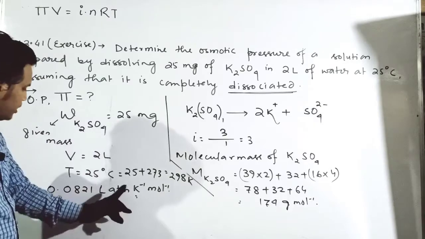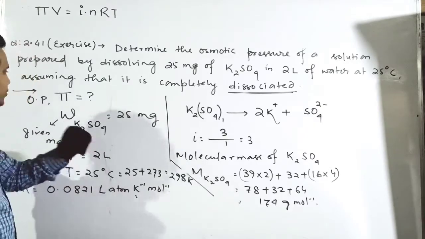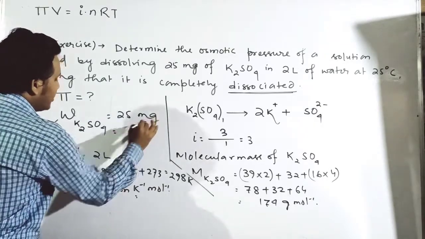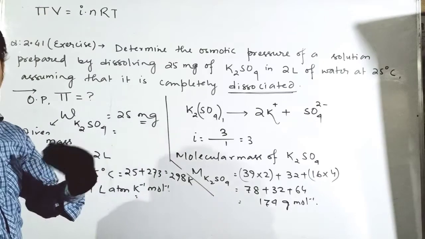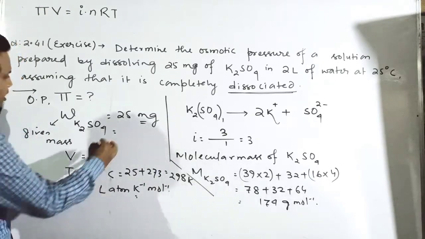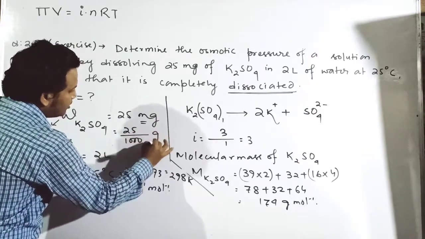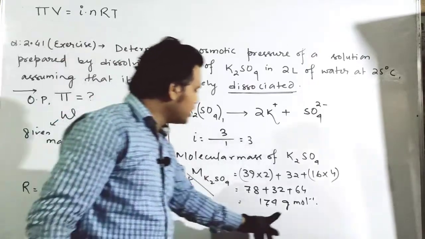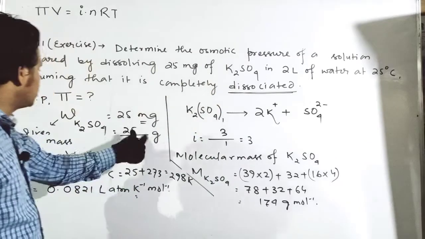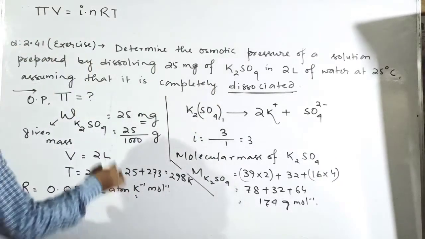Volume is okay, in liters. Given mass is now in milligram, but we are calculating mass in gram. So milligram can be converted to gram by dividing by 1000, because molar mass is in gram per mole, so gram should be there. Give all the values.